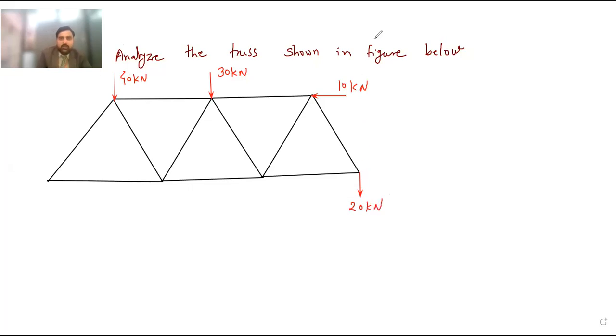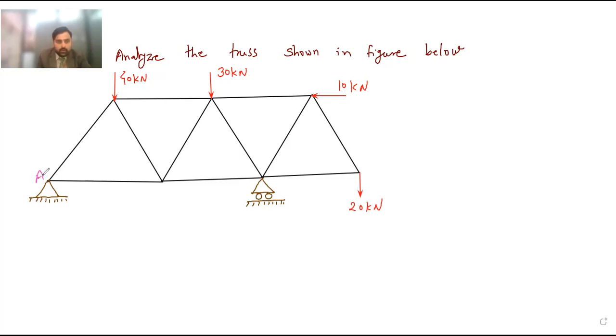And the supports are given. The support provided at this point is a hinge support. So this type of support is provided at this point, and then a roller support is provided over here. Now I will give the names.